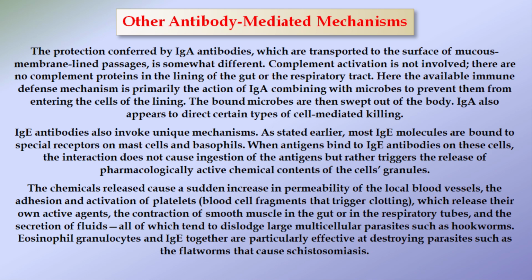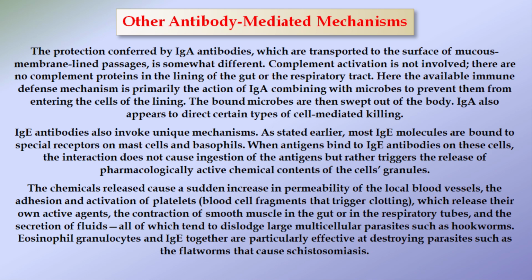IgE antibodies also invoke unique mechanisms. As stated earlier, most IgE molecules are bound to special receptors on mast cells and basophils. When antigens bind to IgE antibodies on these cells, the interaction does not cause ingestion of the antigens but rather triggers the release of pharmacologically active chemical contents of the cell's granules.